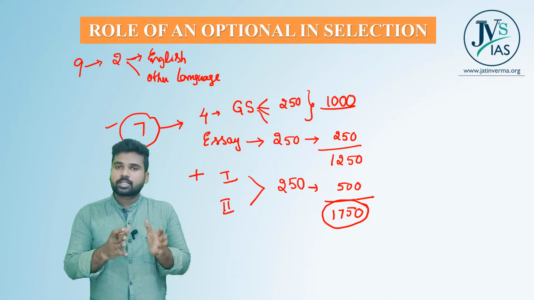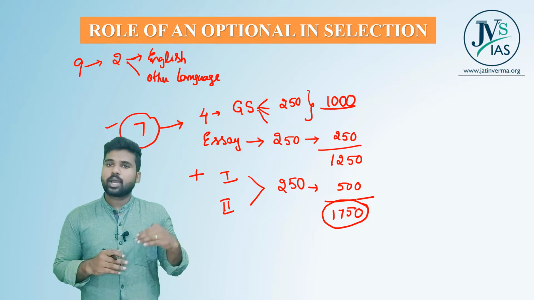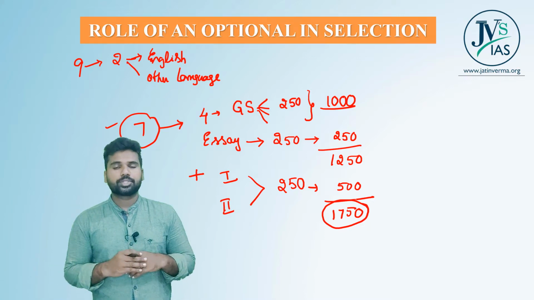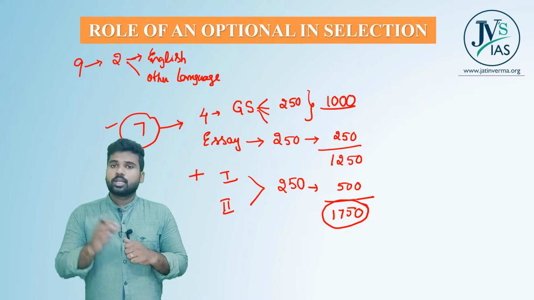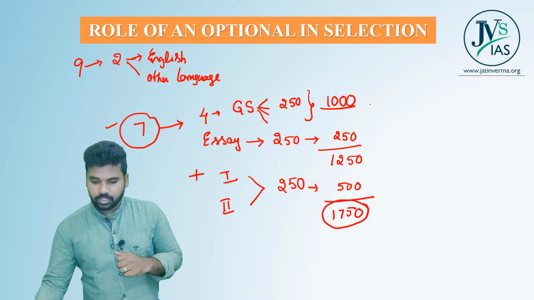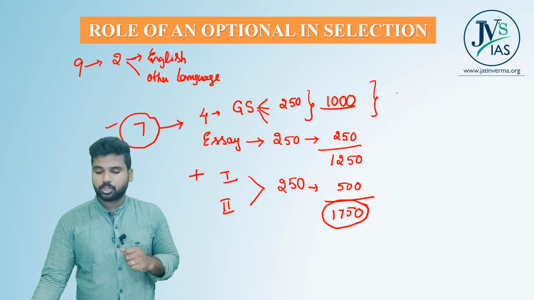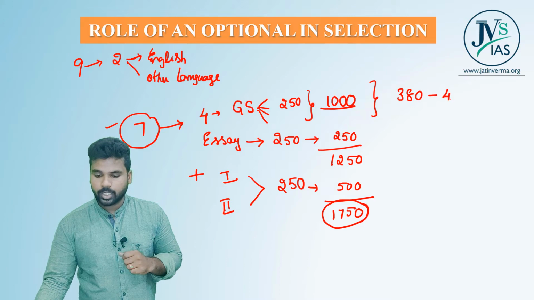Now here comes the picture. In the general studies papers, you might have seen the marks of many aspirants who have successfully cleared this examination or topped it. The average marks in general studies that are considered very good fall between 380 and 450.